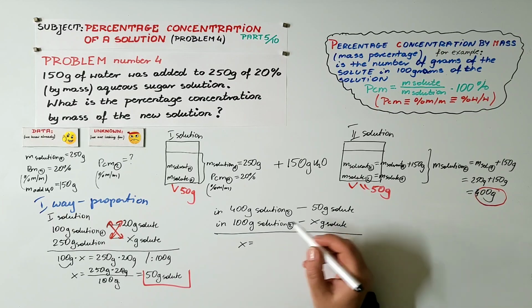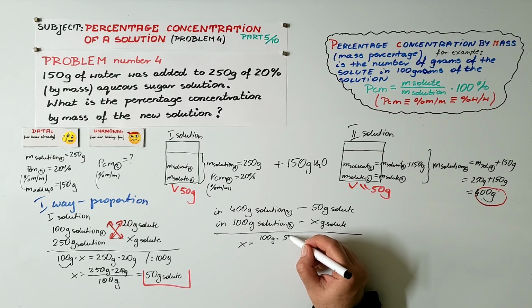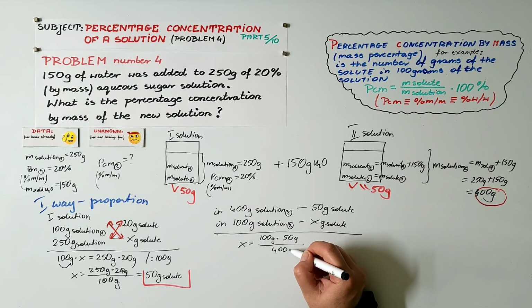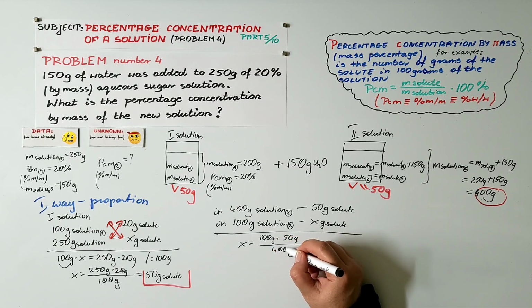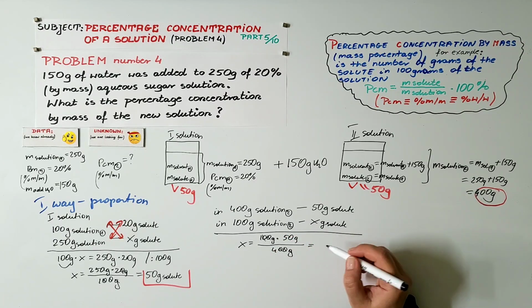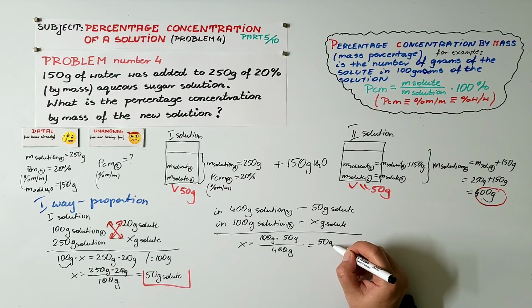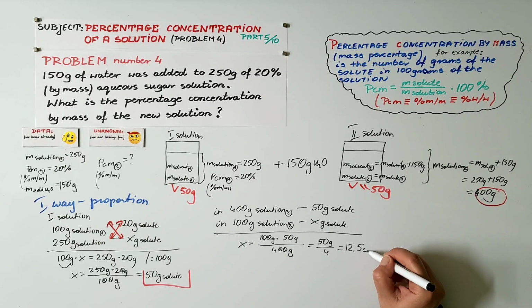X equals 100 grams times 50 grams over 400 grams. So it is 50 grams over 4 equals 12.5 grams.